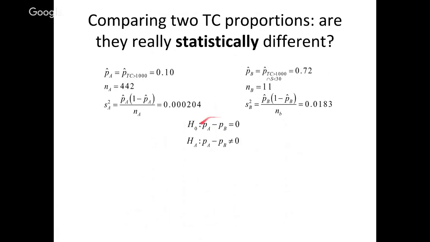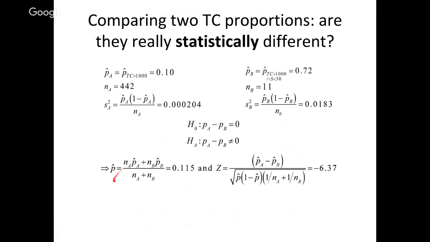we form, again, our null hypothesis that they're essentially equal proportions, probability A is equal to probability B, and our alternative hypothesis that those two proportions are not equal. And we first calculate that weighted probability from the formula that we described on the last page. That works out to 0.115.